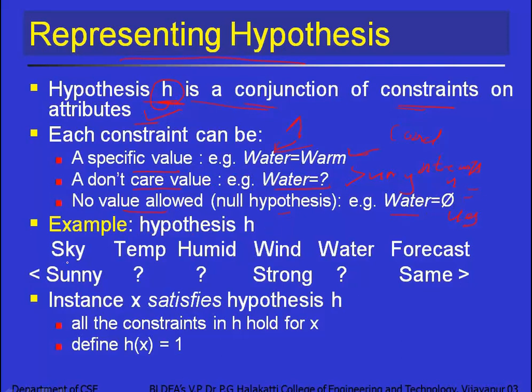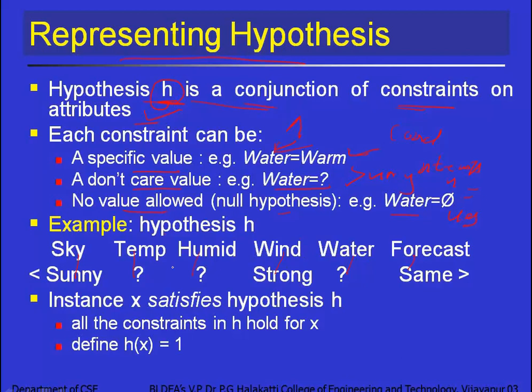So for example, hypothesis H is represented here. See, the sky value is equal to sunny, temperature is equal to question mark. Here question mark means temperature can take any value, humidity is equal to question mark, wind must be equal to strong, and water can take any value, forecast must be same. So this is one hypothesis.